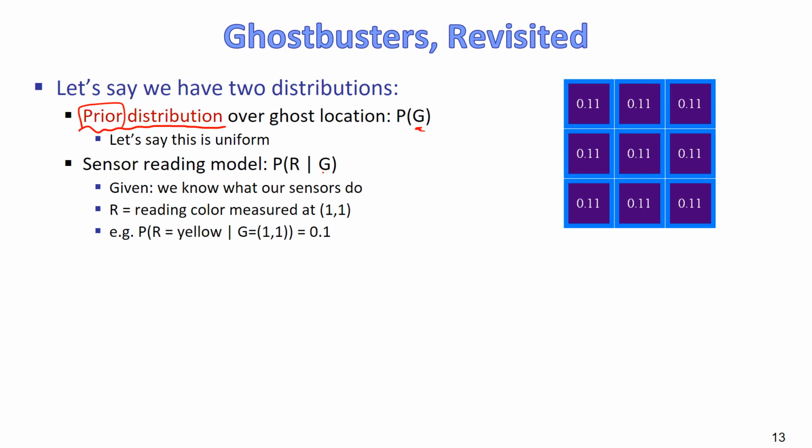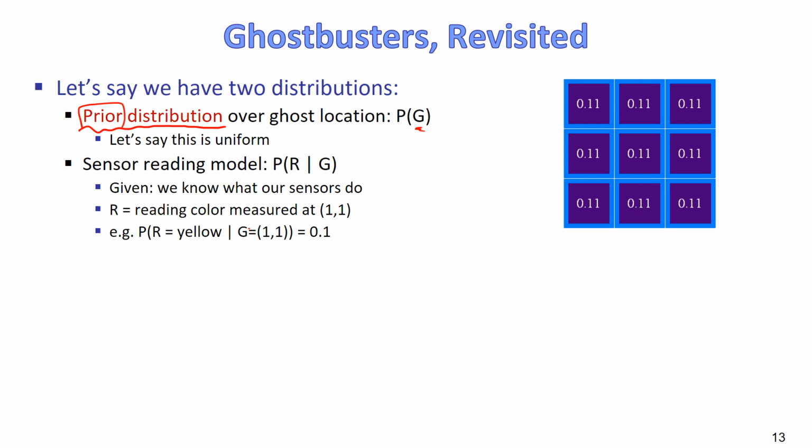And last time we said that if the ghost is in the same cell, then the probability of having green will be I think 0.7. The probability of having yellow will be 0.25 and so on. Okay, so the readings have a probabilistic model. We call this the sensor reading model. So this is the probability of a reading given the location of the ghost.